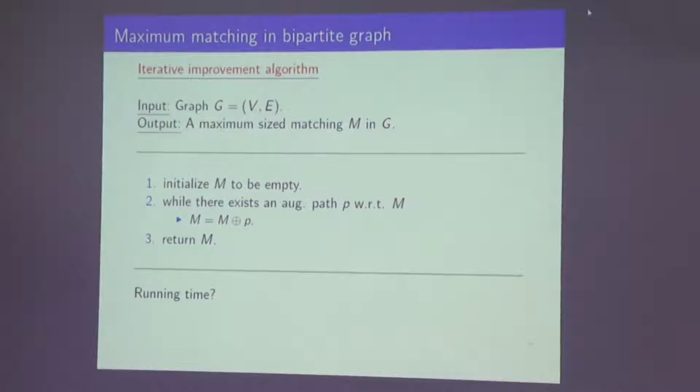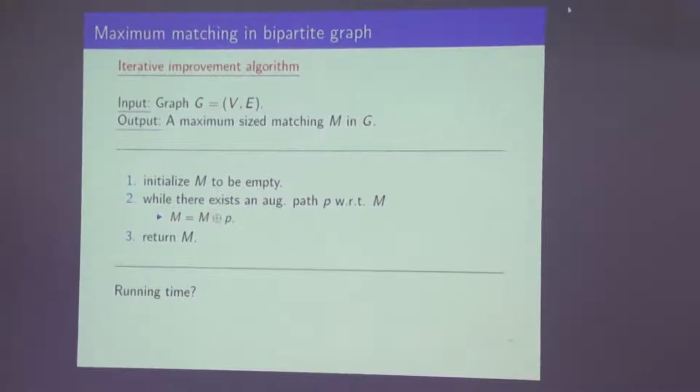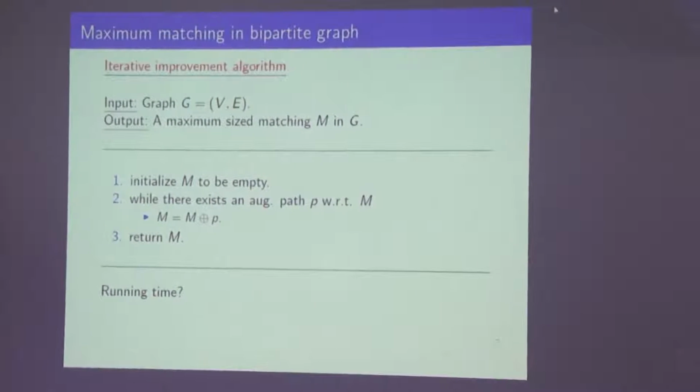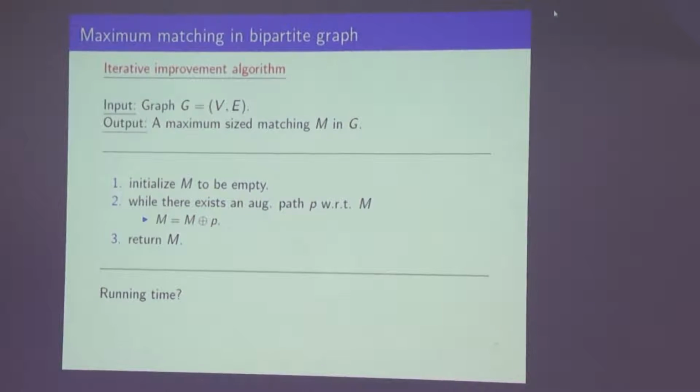Forming this graph is certainly a linear time operation. You will do it in order m plus n time if m and n were your original parameters. How long does this reachability take? We said we'll use BFS or DFS. Again, it takes linear time in the size of the graph, so you haven't done extra work.